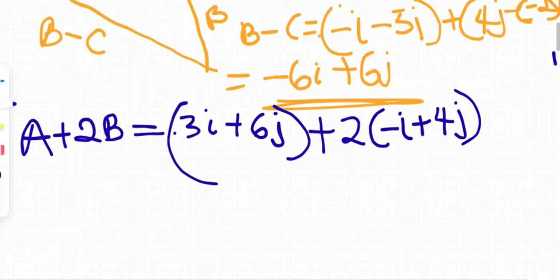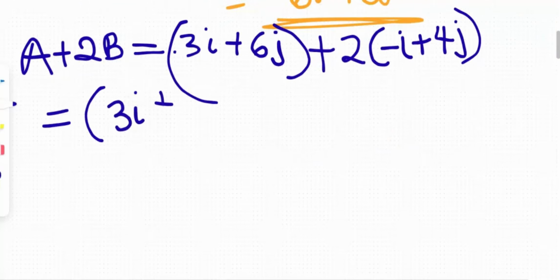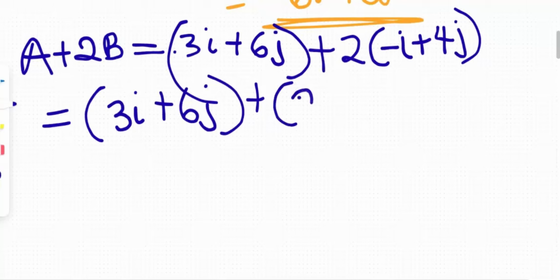So for us to solve this out, we have it as 3i plus 6j plus 2 times minus i, which will give us negative 2i. 2 times 4j will give us 8j.